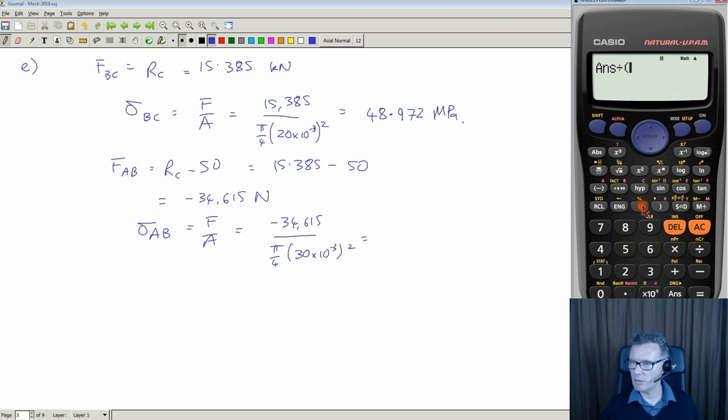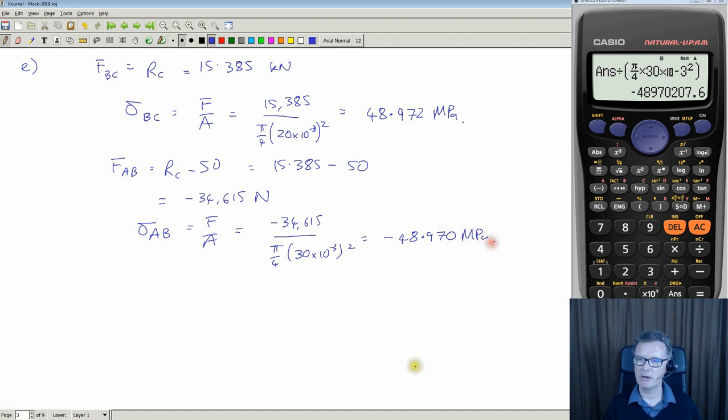So that number divided by pi over 4 times 30 millimeters, square it, and surprise surprise, I get a negative answer, so same stress as before, but this time it's negative. So because we've got a symmetric problem, our stress is going one way or the other way, and it's being distributed evenly. Slight truncation error at the end.